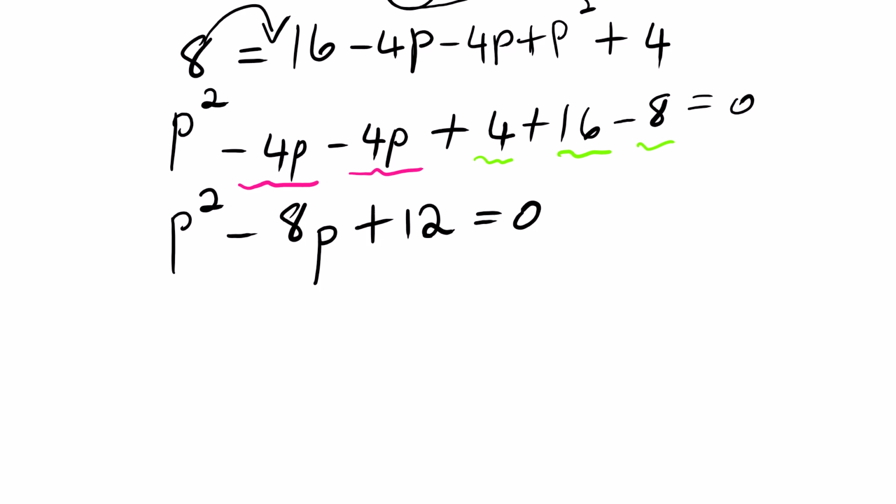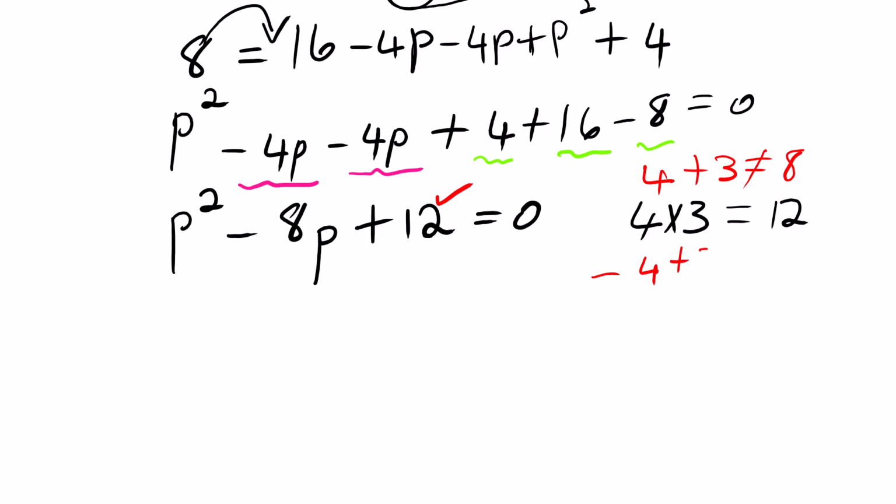From here we need to factorize. So we are looking for two terms. When you multiply them, they give you positive 12. When you add them, they must give you negative 8. So looking at possible factors, 4 multiplied by 3 is equal to positive 12. 4 plus 3, it's not equal to 8.